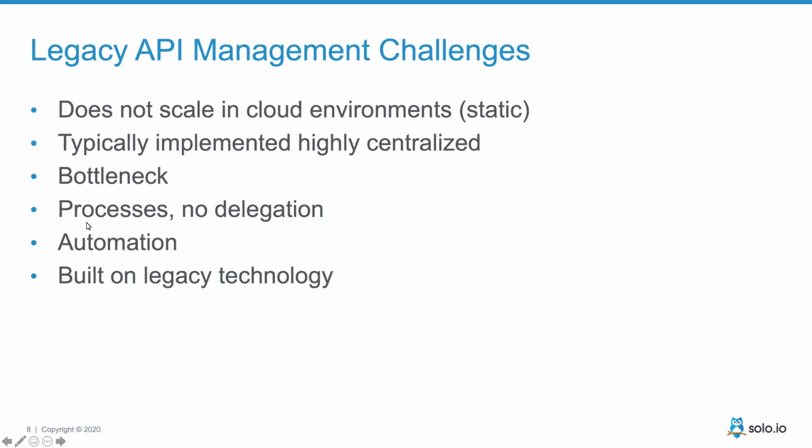So from a performance, from an isolation, from a dynamic environment and the capabilities you need, these API management tools were built on legacy technology that wasn't built to survive in that arena.